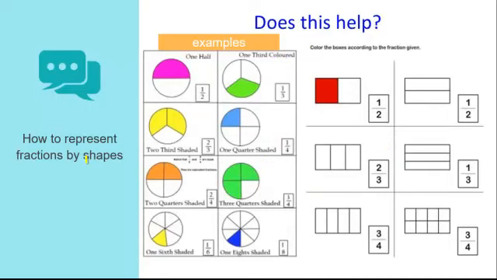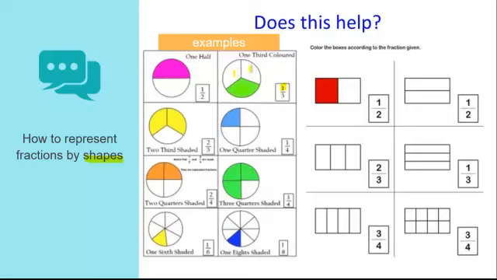Okay, how to represent fraction by shapes? If we want to represent fraction by shapes, we must know that the shaded part can be written upward, and whole parts will be written down. What that means? It means if I have one shaded part, so I wrote 1.